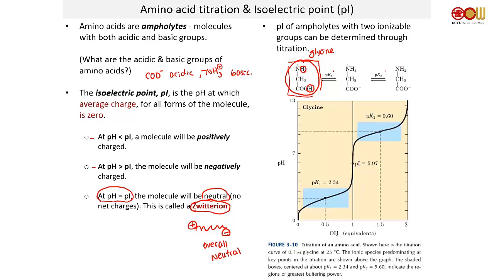And then you start adding OH equivalents. Okay, so let's say you start with 1 molar of protonated glycine, right? And then of course the pH is going to be low because it's protonated, okay? So it's going to make your water more acidic, right? pH is going to be low. You start adding NaOH to it, okay? That's called titration, guys, okay? Titration. And you're titrating, right?